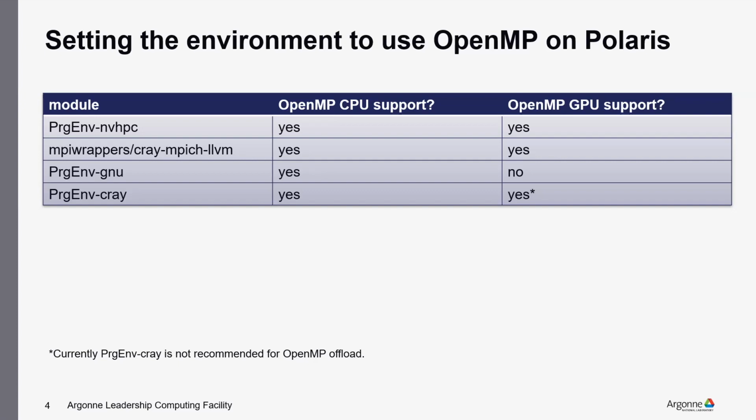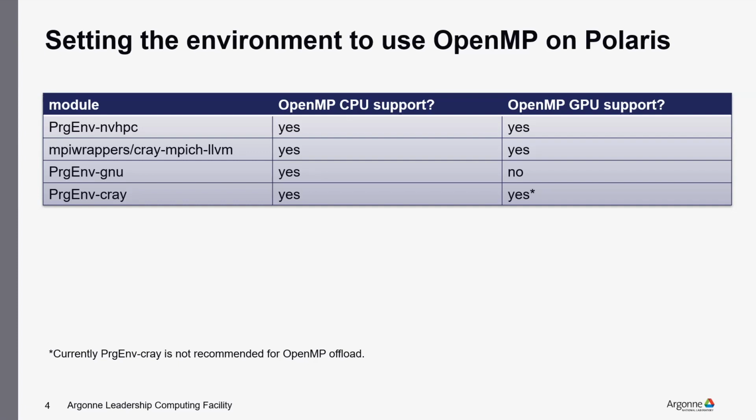I would say if you're doing CPU, you don't need Cray. If you just need C++, you don't need Cray. You can use LLVM or NVHPC for offload. If you have Fortran, you can also do NVHPC. So it's not really necessary to touch the Cray one.